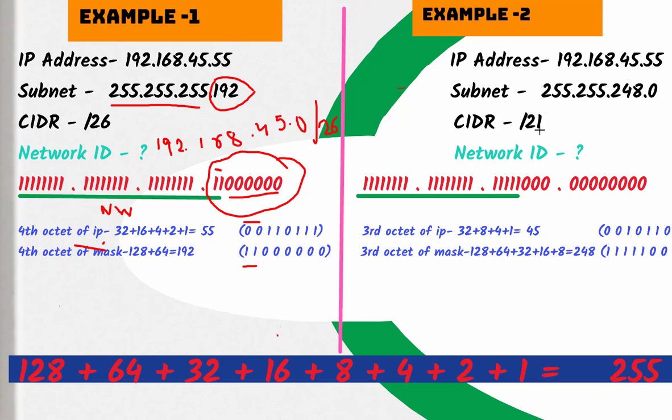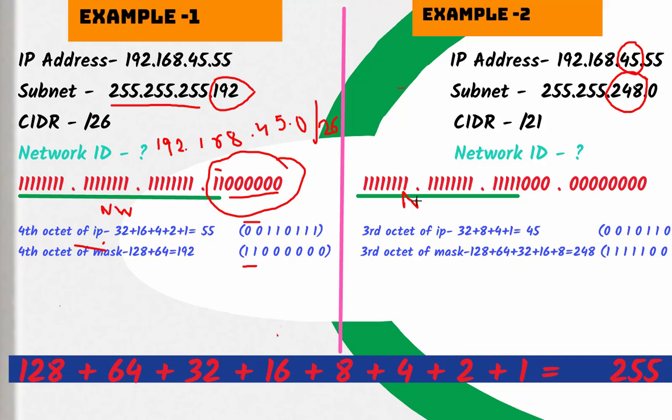Okay, now for example 2, I have taken 192.168.45.55, the same IP address. Now I have changed the subnet only. Now what I changed is 255.255.248.0, so that means we need to work with the 3rd octet. So here also we'll take the 3rd octet.